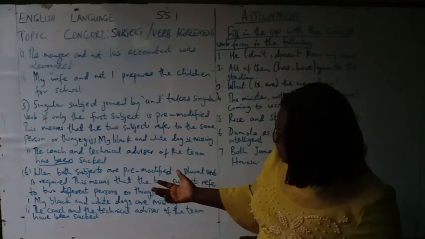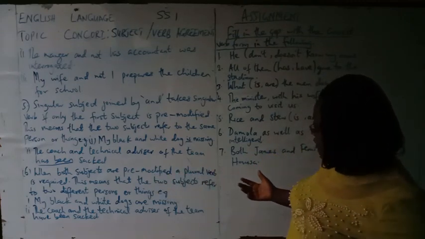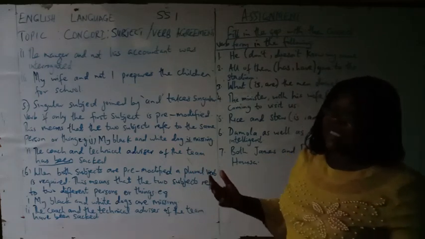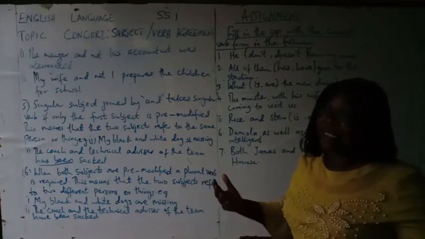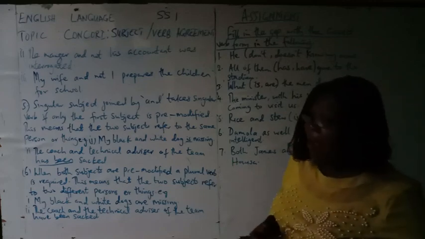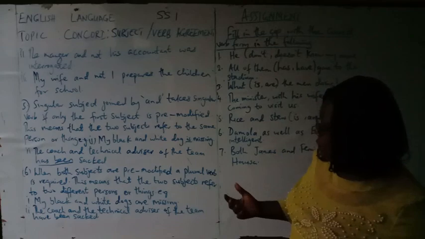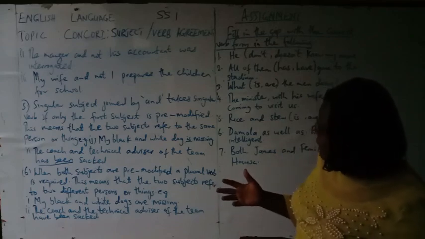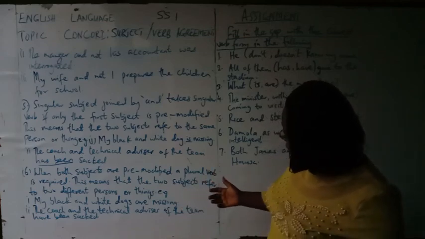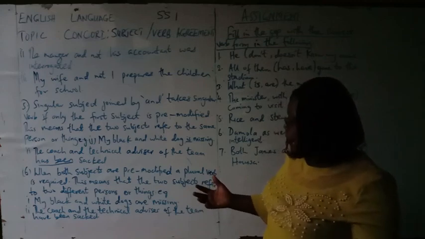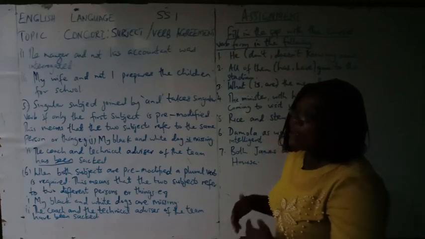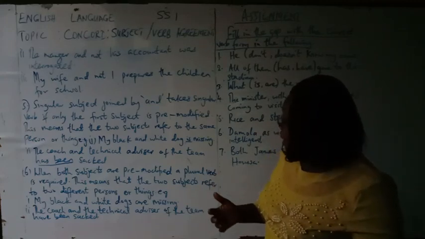The sixth point: when both subjects are pre-modified, a plural verb is required. If both subjects are pre-modified, it means that they represent two different things or persons. So they require a plural verb. For example, my black and my white dogs are missing, which means I have black dogs, I have white dogs, and both of them are missing.